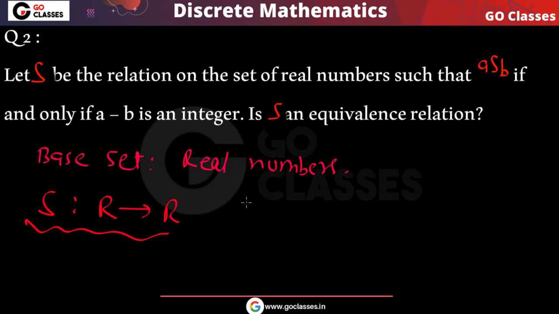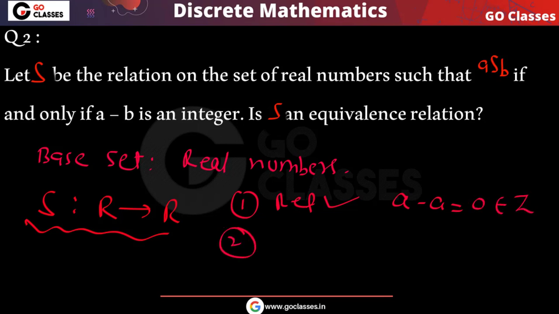So just check, is this reflexive? Definitely this relation is reflexive, because for any real number A, A minus A is 0, and that is an integer. So A is related to A.